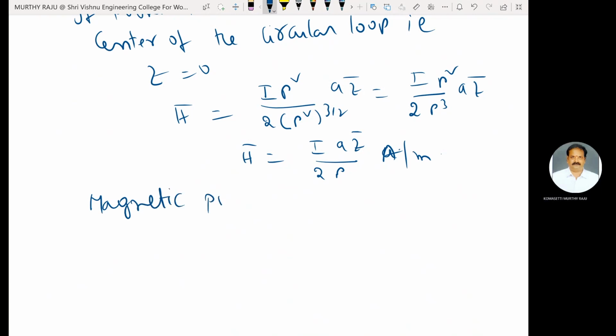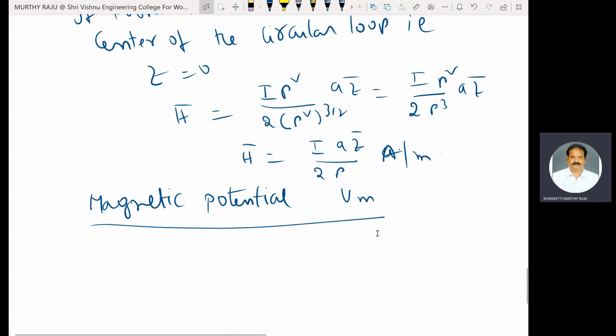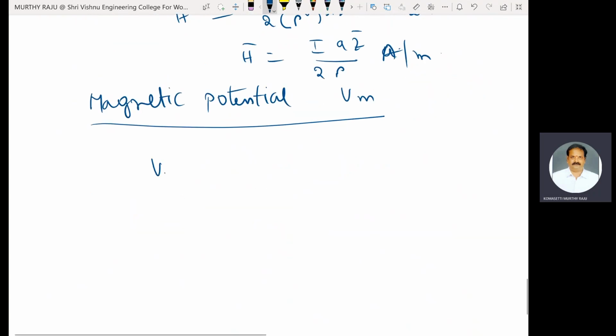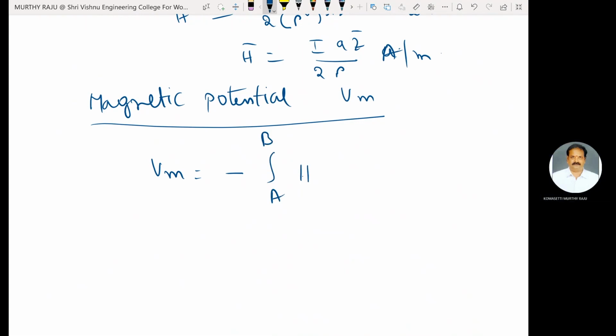Magnetic potential is represented by Vm. We know that the magnetic potential formula is Vm is equal to minus integral from A to B of H bar dot dl bar.